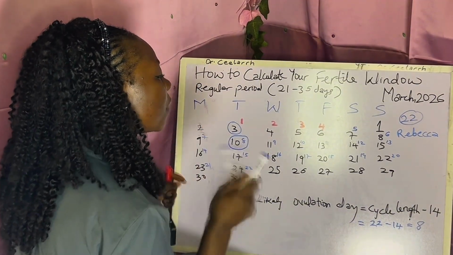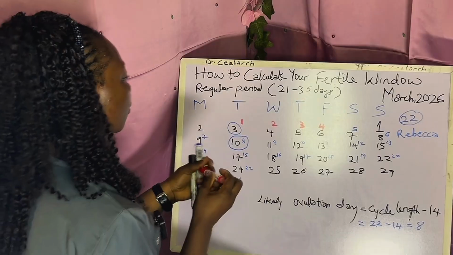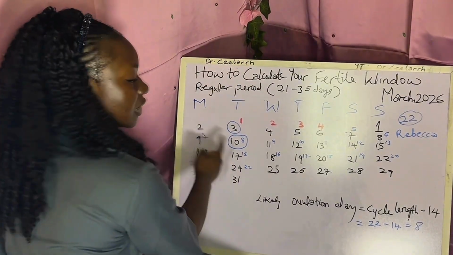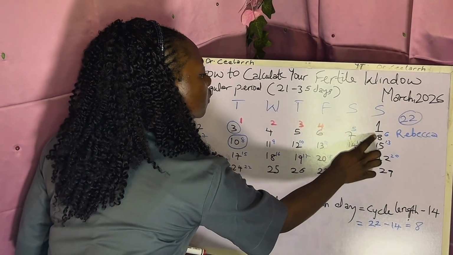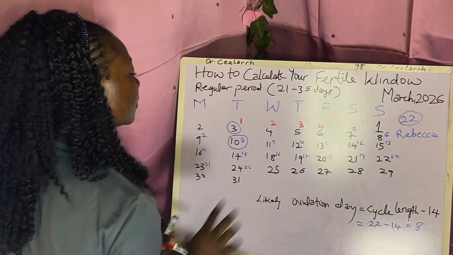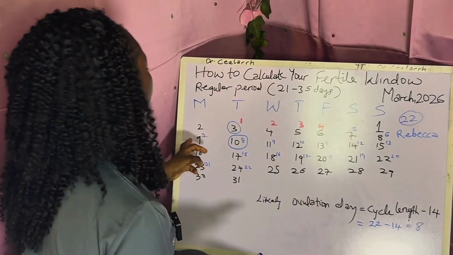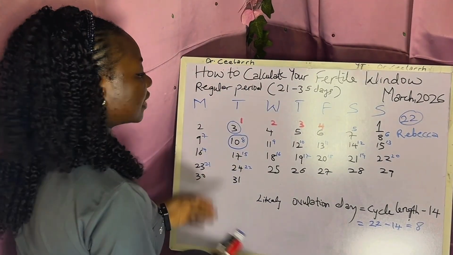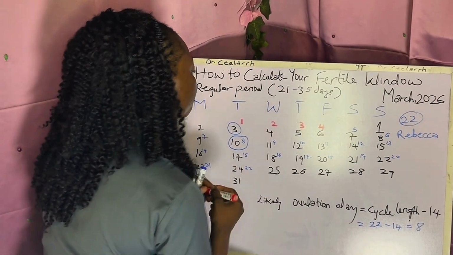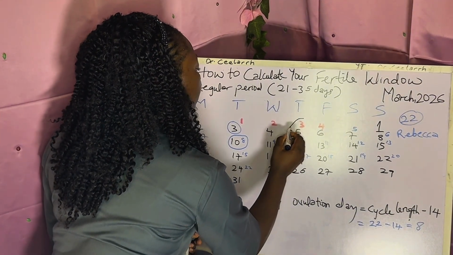So, if she has unprotected sexual intercourse 5 days before this day, she's likely to get pregnant. So, counting backward, 1, 2, 3, 4, and 5. She's likely to get pregnant when she has unprotected sex within these days. Okay, so her fertile window has to do with everything from here.